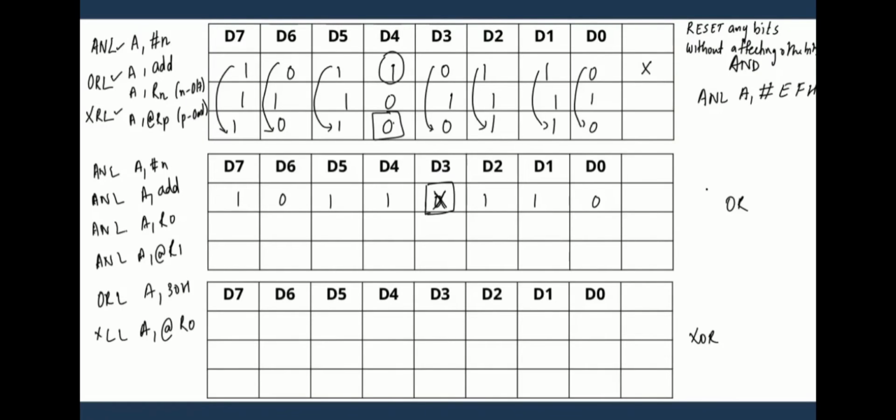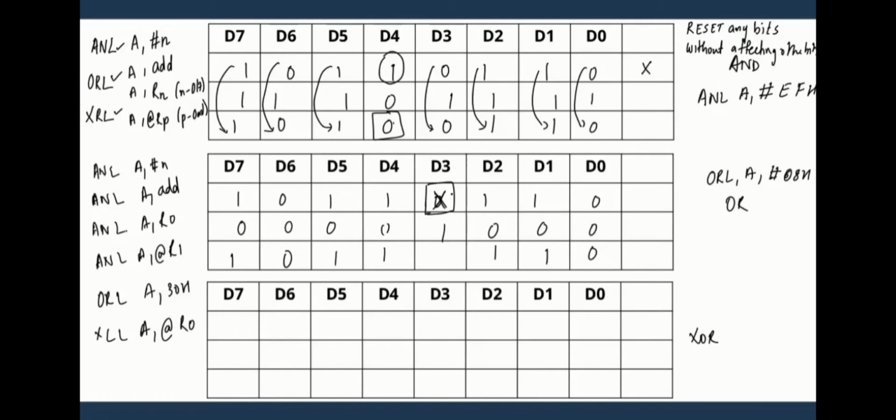Whether it is 0 or 1, we are not bothered about the value. We want to set the D3rd bit. Then all other bits will be 0 except D3, and that is ORed with the number. So ORL A comma hash 08. This is 08.